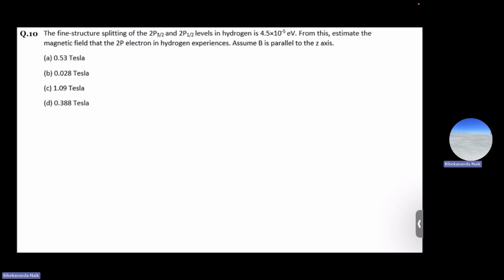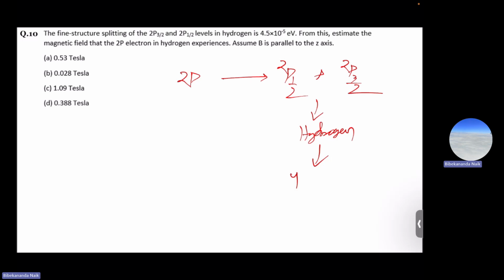The 2p level gets split into 2p1/2 and 2p3/2. In the case of hydrogen, the energy difference between the levels is 4.5 into 10 to the power minus 5 eV. A similar question was solved before, related to sodium.